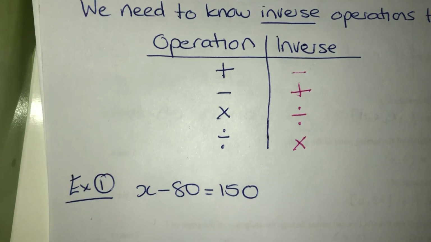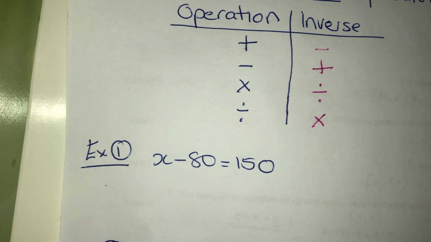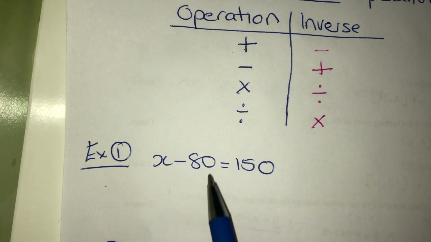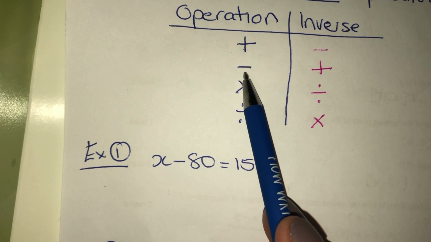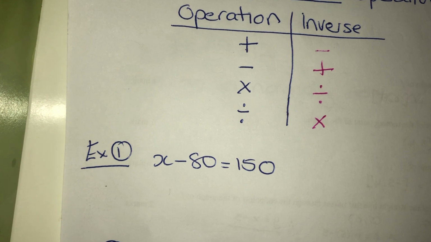Okay, so let's have a look at our first equation. I do expect that you are writing all of these examples down. Just pretend we're at school and you're looking at the board. So we have got here what is happening to the x. We are minusing 80 from the x. So if we go to our table, we already know that the opposite of minus is the inverse, so is plus, sorry.